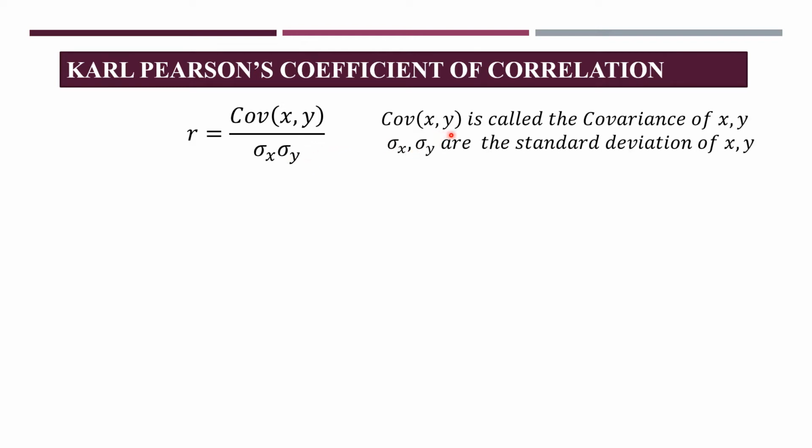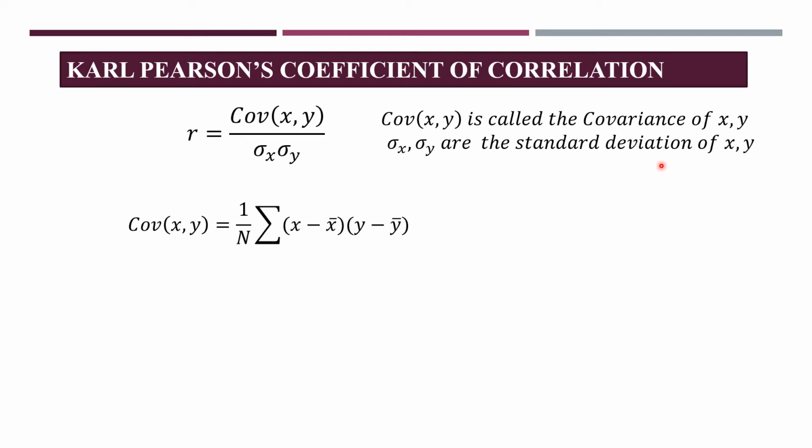COV x comma y is called the covariance of x comma y, where covariance of x comma y is defined as 1 upon n summation of x minus x bar into y minus y bar, where x bar and y bar are the means of x and y. X bar is summation x by n and y bar is summation y by n.